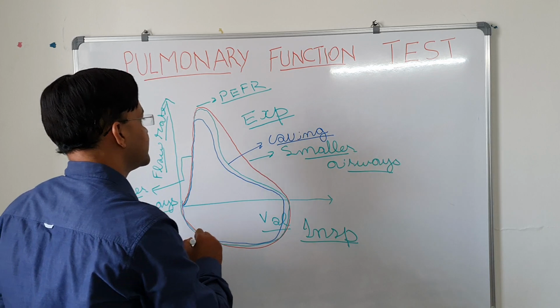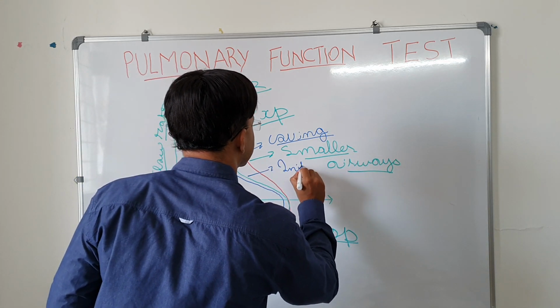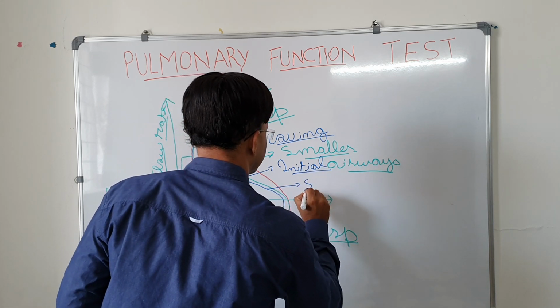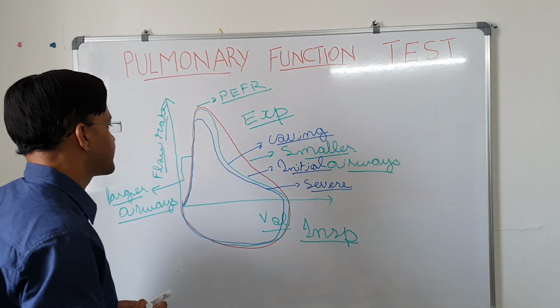Okay. This is for initial, and this is for severe. Right?